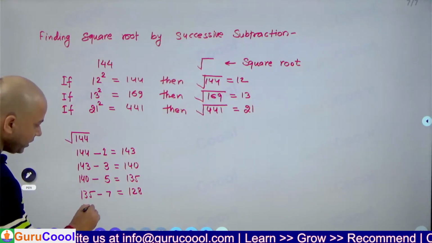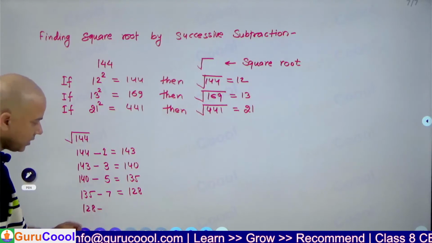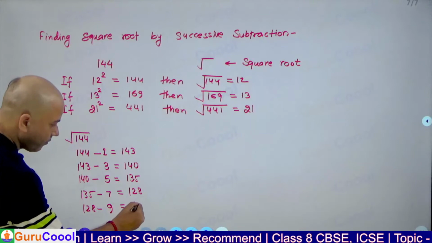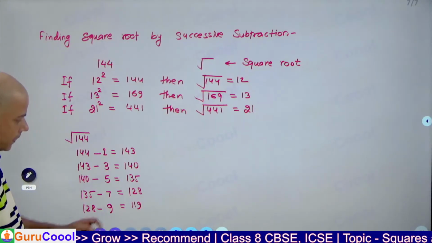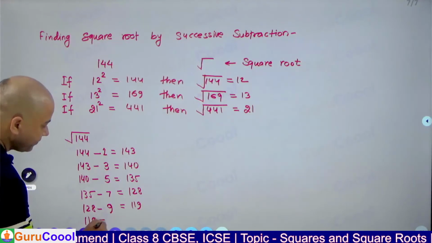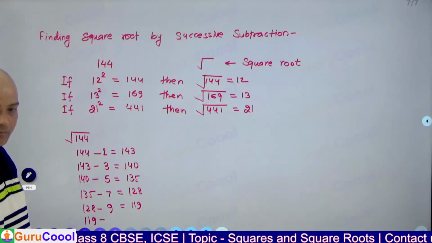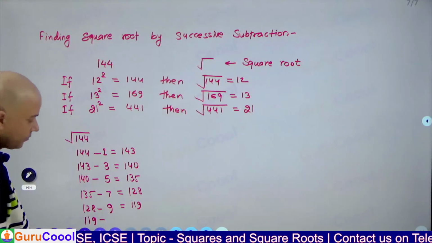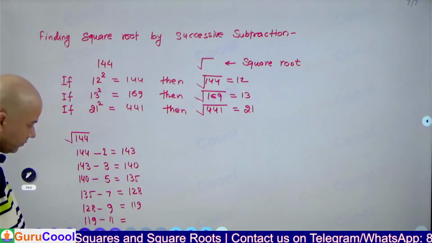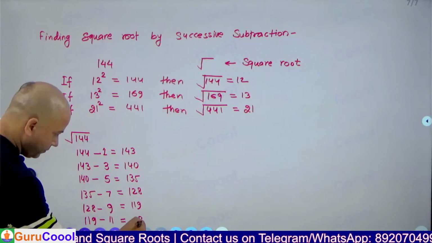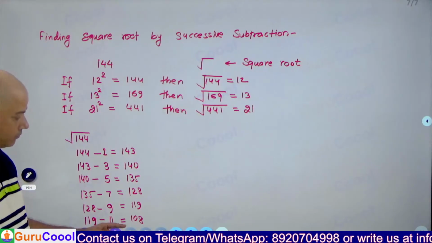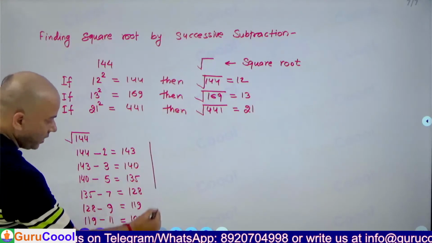So 128 minus the next odd number 9. How much is it? 119. Now 119 minus what? 11. What is that? 108. Let's continue.